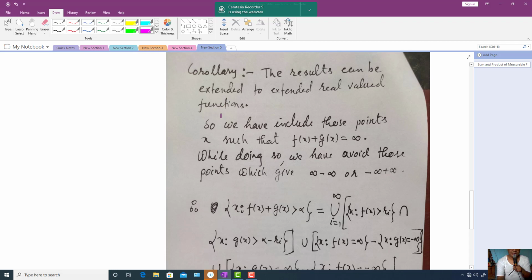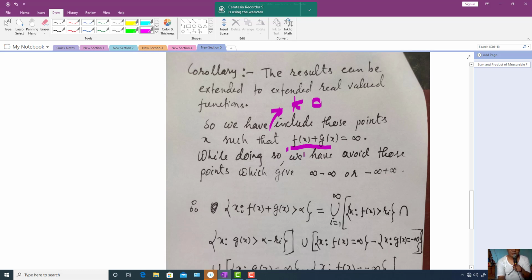So then we have to include those points. In the theorem there was no point which gives infinity. Since the function is extended real valued, we can include those points which give you infinity.